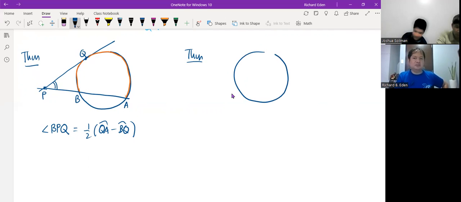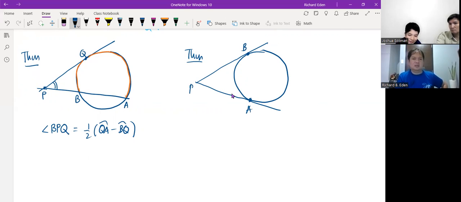How about if the two lines are both tangents? Same as well. I also thought of another formula. So here, angle APB equals 1/2.